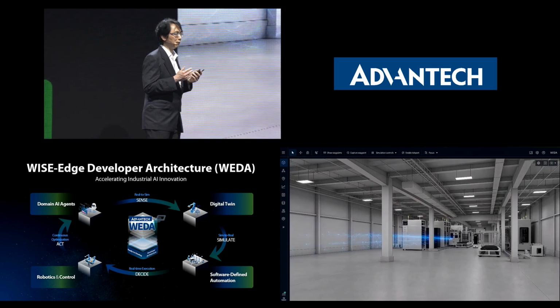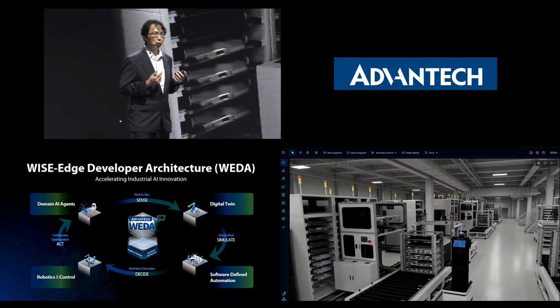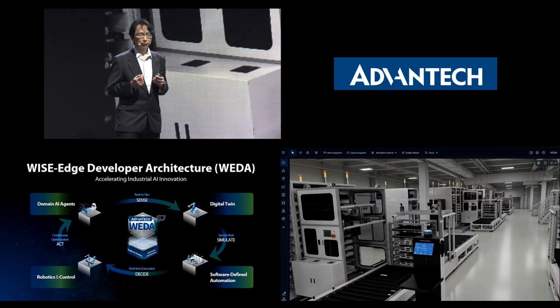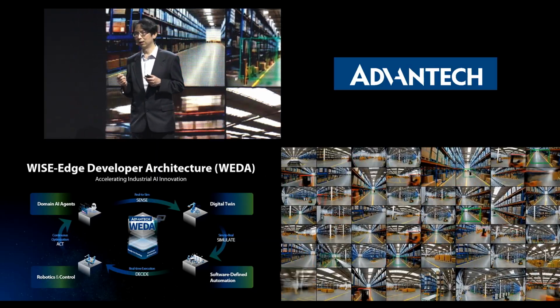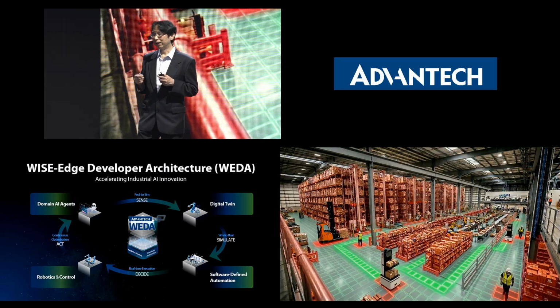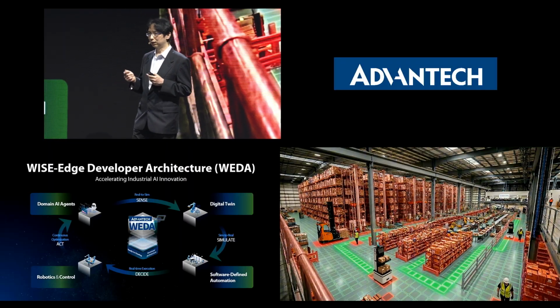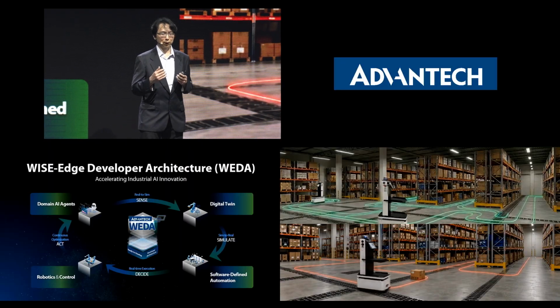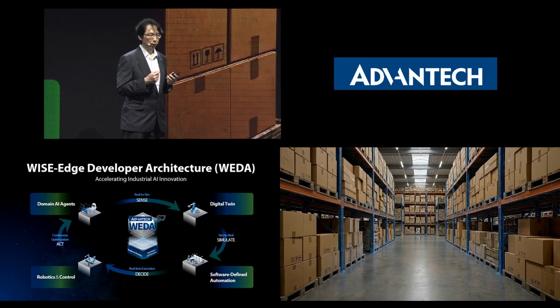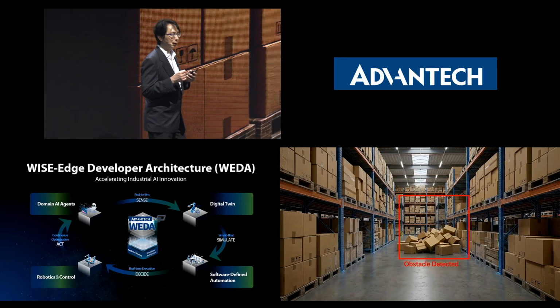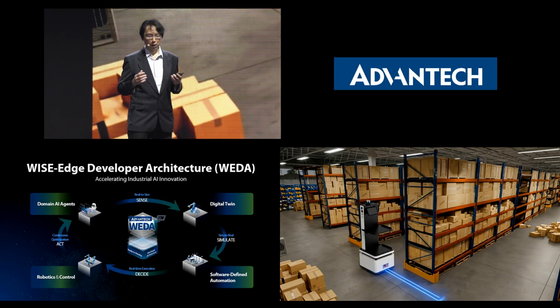WEDA collects the environment data and the machine working data for simulation. It allows the AMR to learn how to interact with its surroundings and handle unexpected events before we deploy it to the real world. And we can use WEDA API and skills to deploy the trained model to AMRs.